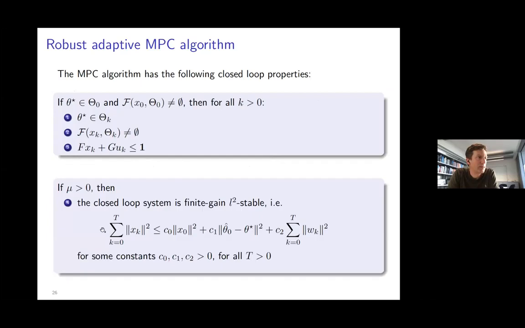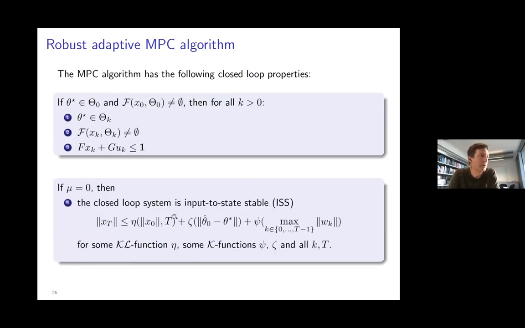We can also say that given the properties of the RLS point estimate for the parameters, we end up with a finite gain L2 stability condition. So that means that the norm of the regulation error here depends on the two norm of the disturbance sequence.